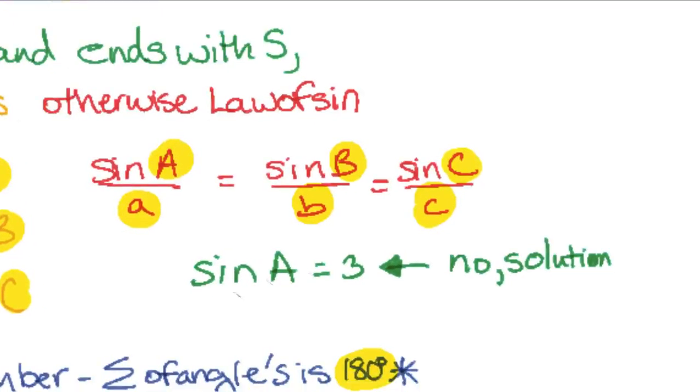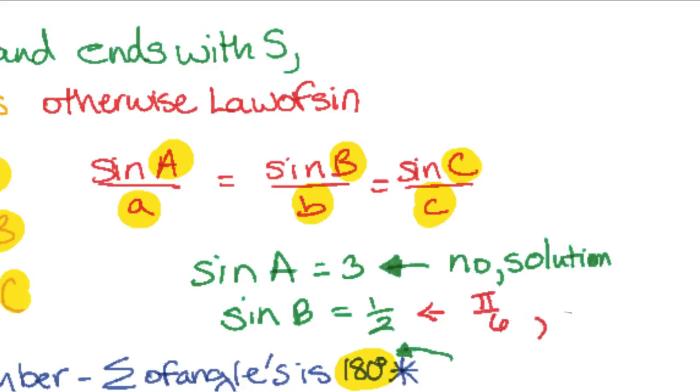Or let's say that you get sine of some angle equals 1/2. Well, we know that the angles of a triangle have to be between 0 and 180, and there are two angles that have a sine of 1/2, and it's going to be 30 degrees or pi over 6, and 5 pi over 6 or 150 degrees if you prefer degrees.